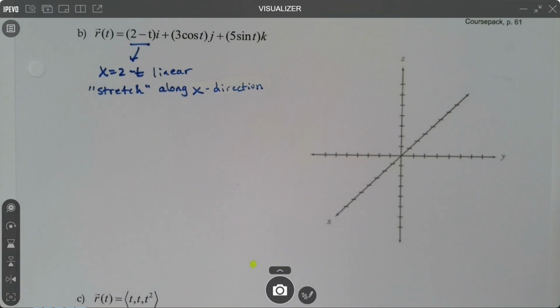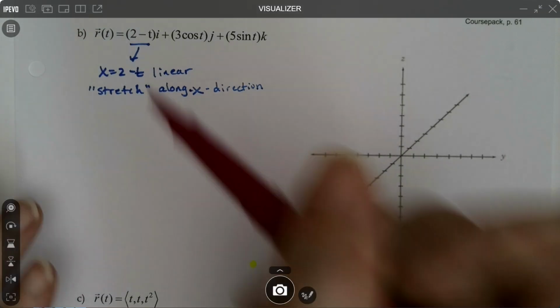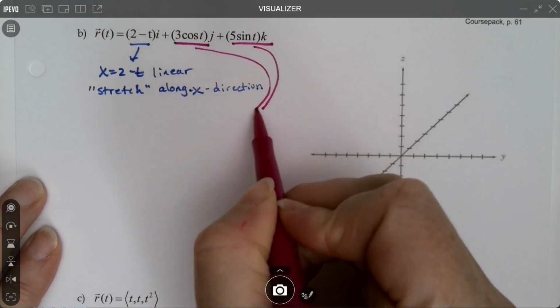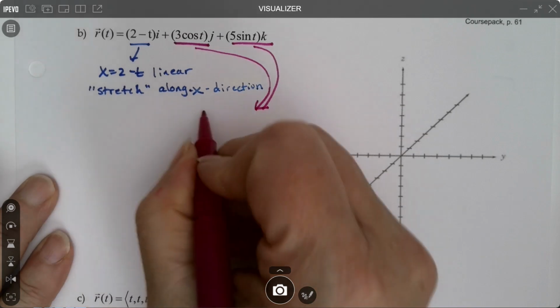Okay, but what are we stretching in the x direction? Or negative x direction, which is where this one would go. It's technically in the negative x direction because it's 2 minus t. All right, well, it's an ellipse, right? If we look at this 3 cosine and 5 sine, and we put those two together, that's an ellipse.